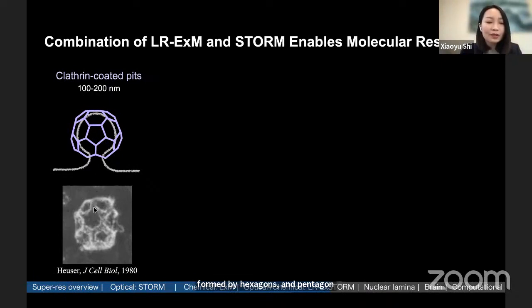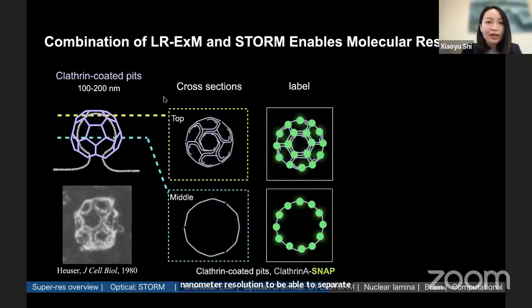Because the distance between the vertices on the clathrin-coated pits is less than 20 nanometers, you do need less than 10 nanometer resolution to be able to separate the neighboring vertices. And in our case, we labeled all the vertices with a SNAP tag.